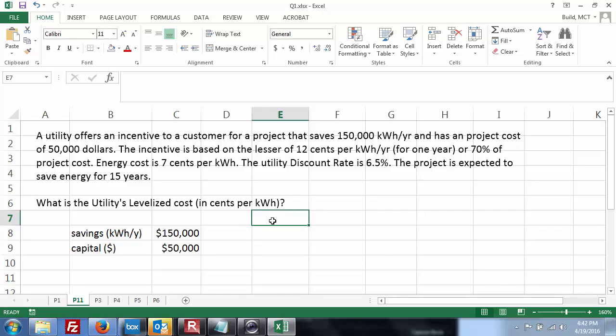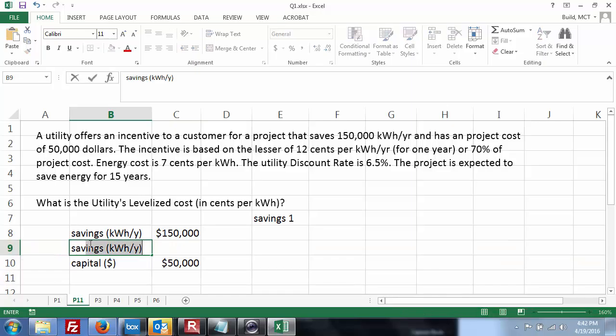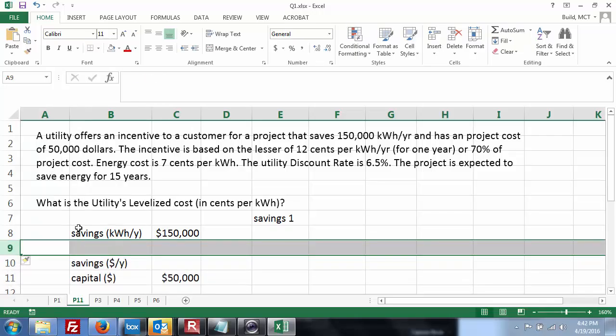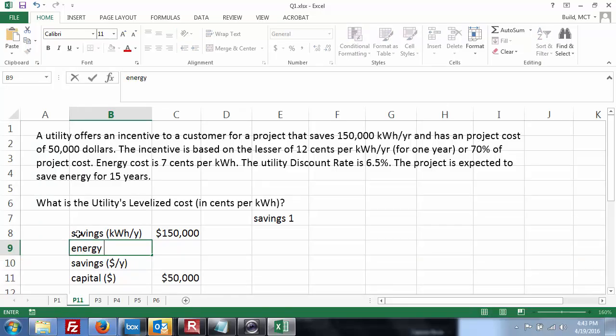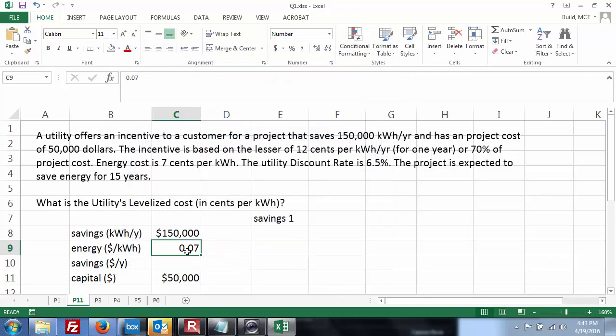Scenario 1. Sometimes it's hard to talk and think at the same time. I'm just putting the variables in though.